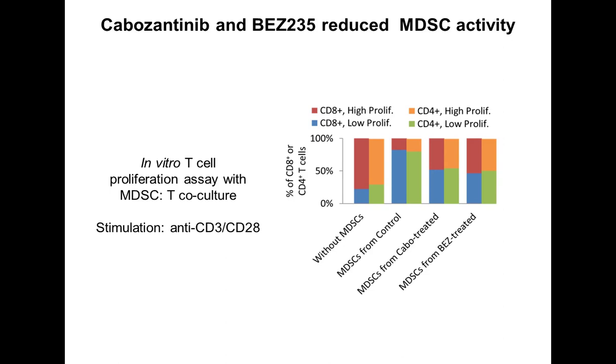You can see here, if you co-culture T cells with MDSCs isolated from control-treated mice, these MDSCs are very effective in reducing the proliferation of either T cell subset. However, if you isolate MDSCs from the cabo or BEZ treated mice, that immunosuppressive activity was partly lost. That means that not only do these two drugs reduce the infiltration of MDSCs, but they also reduce the activity of the MDSCs.